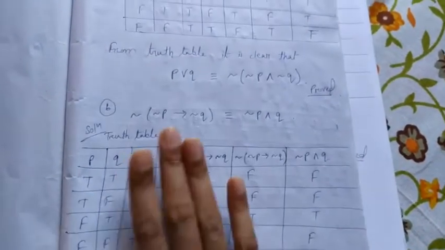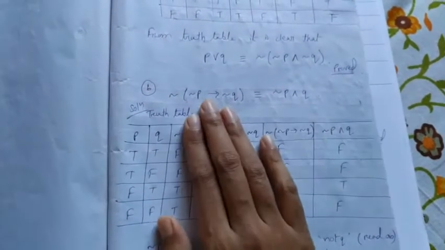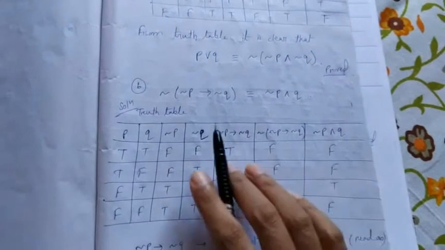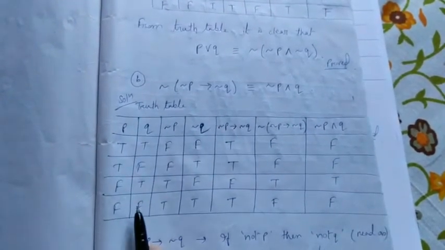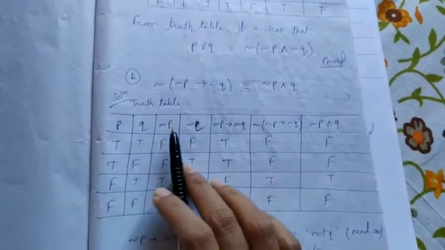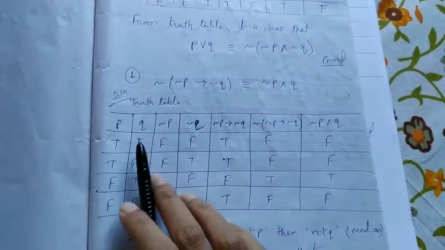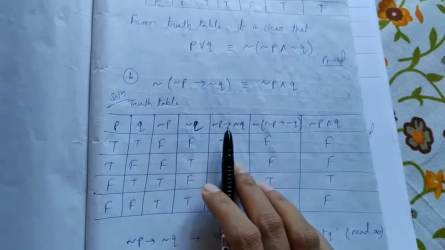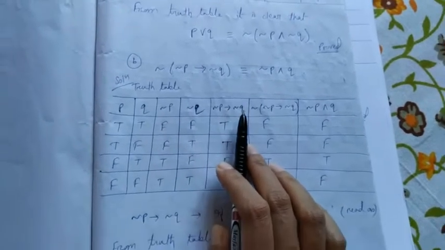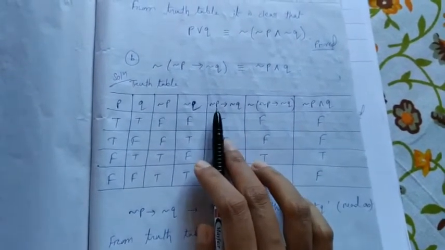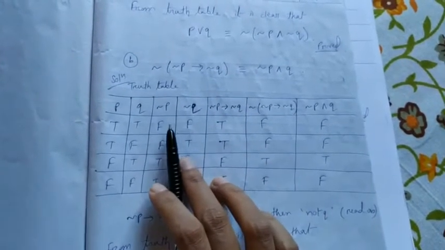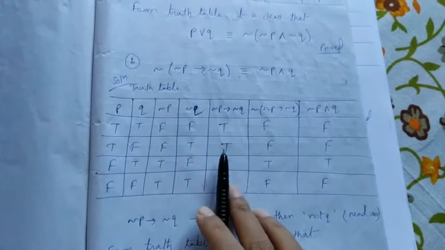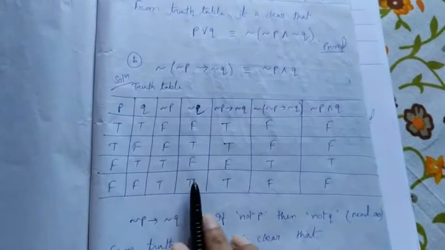Now part B, similarly you can prove this one also. Here P and Q are two statements, so write P and Q: true true, true false, false true, false false. Then not P, opposite of P, not Q, opposite of Q, then if not P then not Q. So if false false, it is true. If false true, it is true. True false is false, and true true is true.